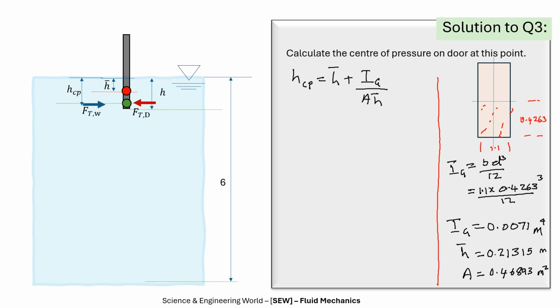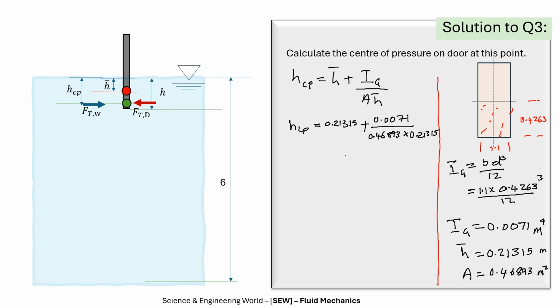So we now have the center of pressure HCP equal to 0.21315 plus IG, 0.0071, divided by area, 0.46893, times H bar, again 0.21315.